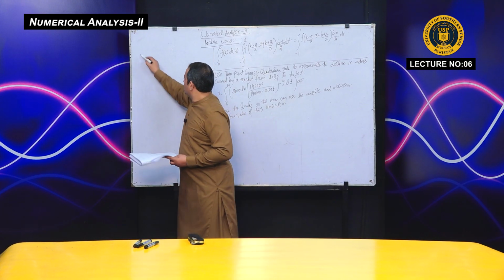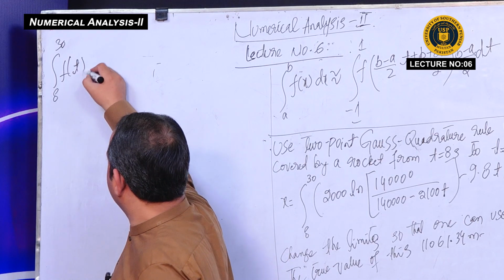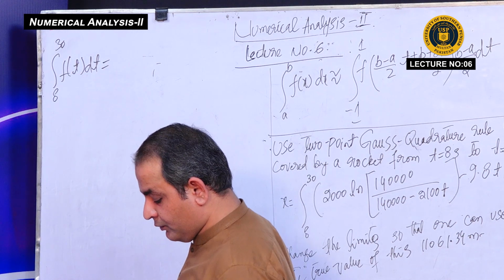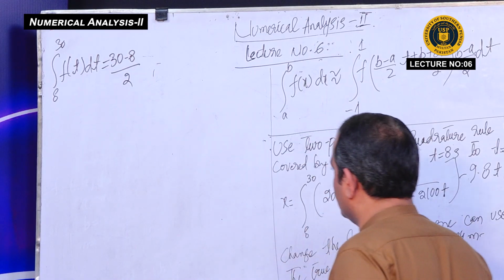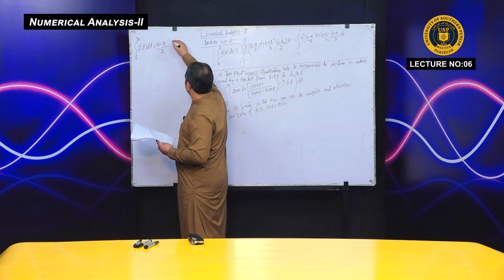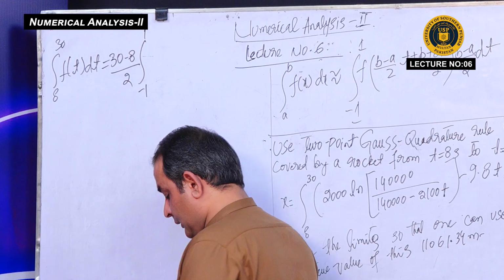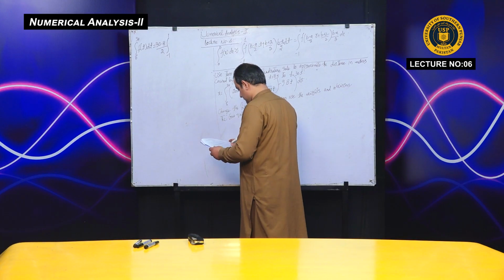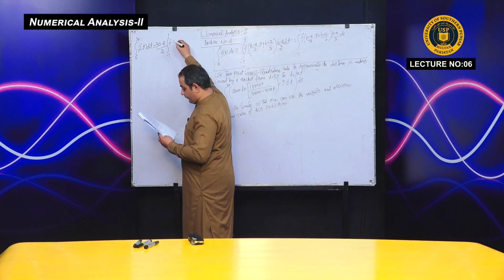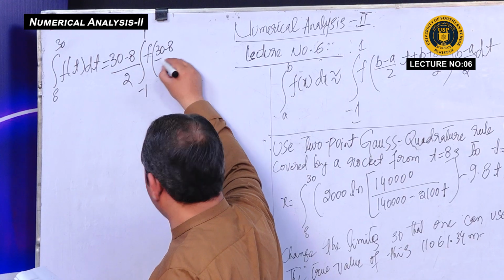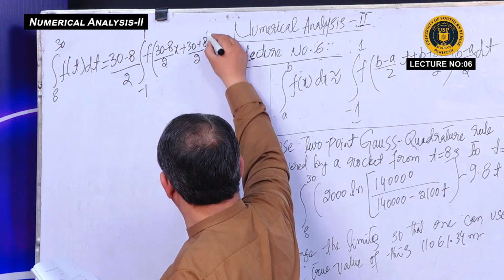You have the integral a to 30 f of t dt, that is equal to (30 minus 8)/2 into the integral from minus 1 to 1 of f of ((30 minus 8)/2)x plus (30 plus 8)/2 into dx.